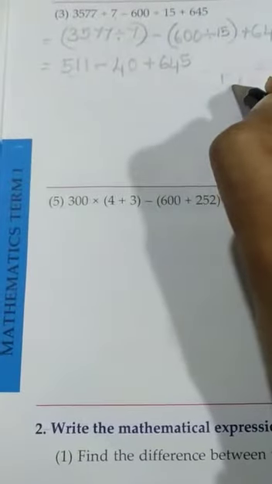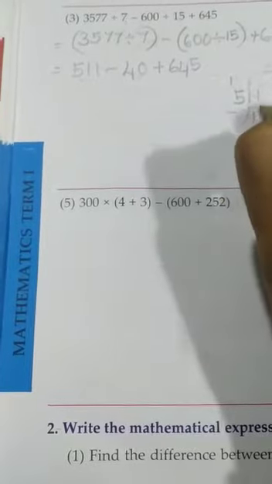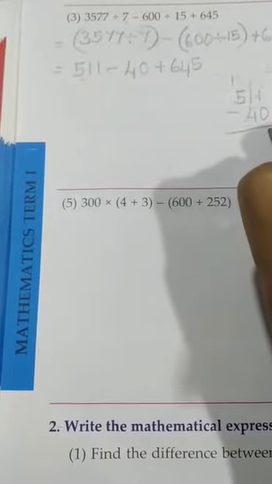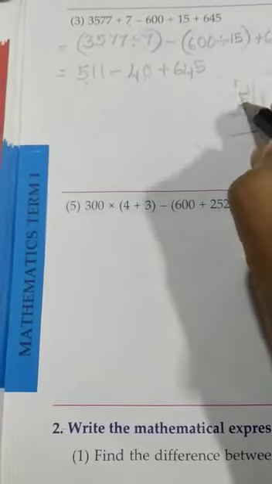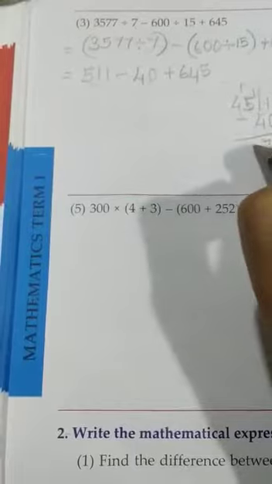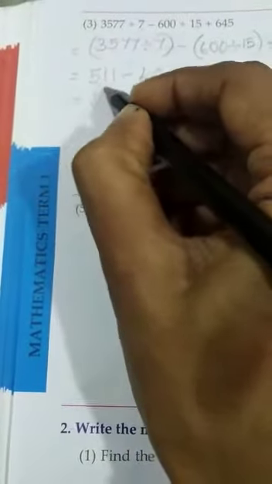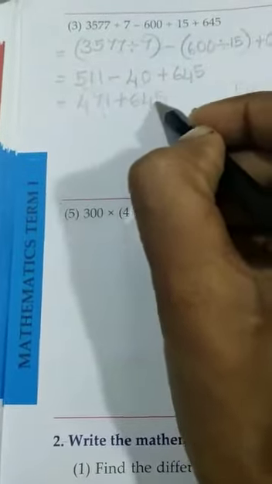Now let us see what you get by subtracting 40 from 511. 11 minus 4 will give you 7, and it means you got 471 plus 645, right?